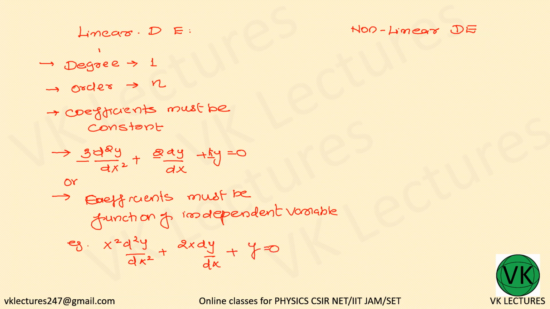So here the coefficients x square, x and 1 are functions of x, which is the independent variable.